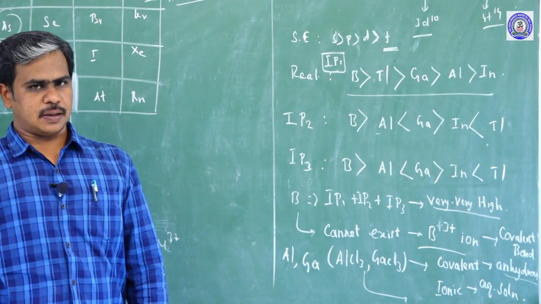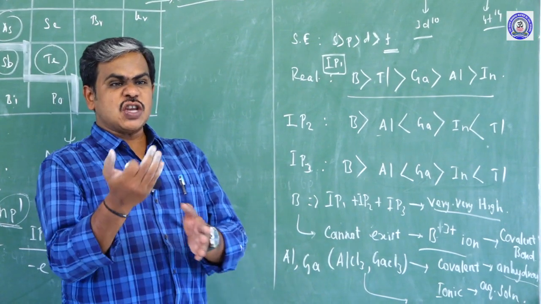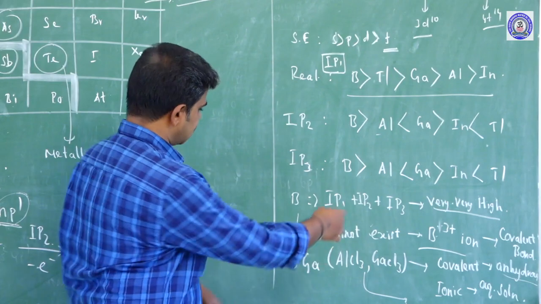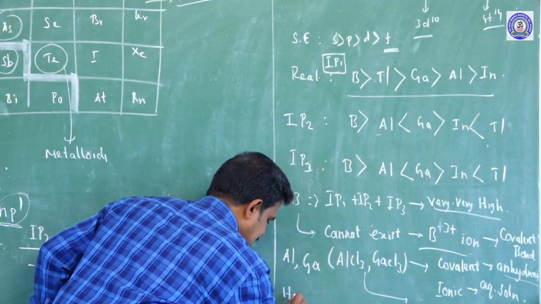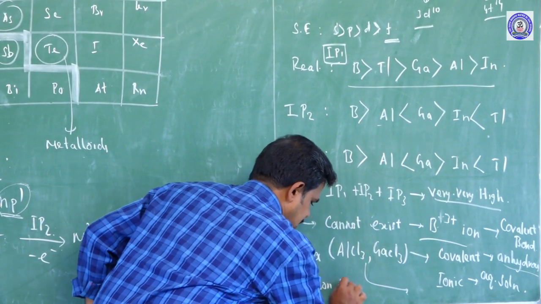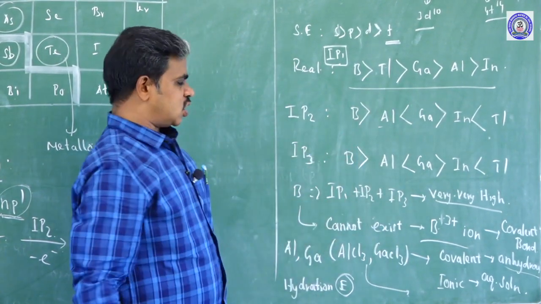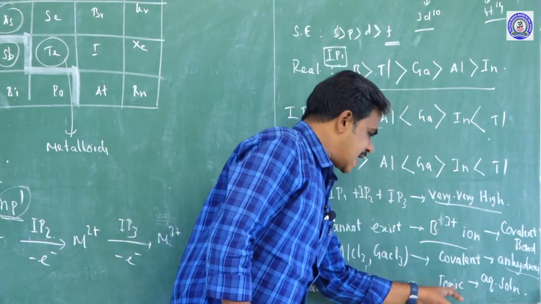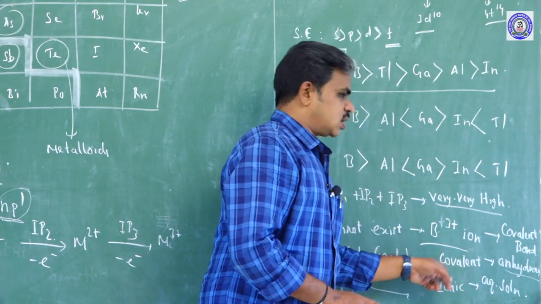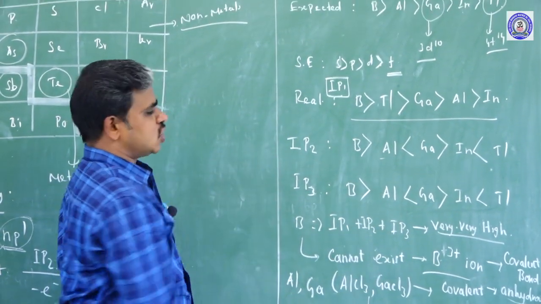Why does this happen? Because in aqueous solution, the hydration energy compensates for the ionization energy, so these compounds are ionic in aqueous solution, and in the anhydrous state they are covalent in nature. So that is the ionization potential.